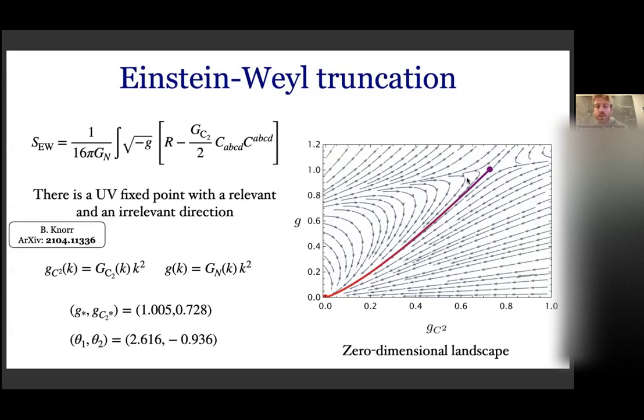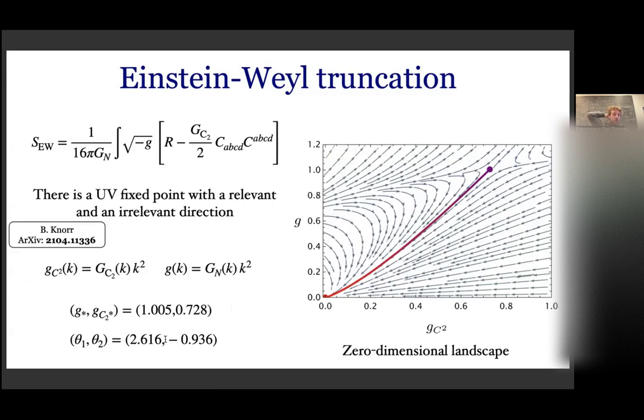Of course, there is another fixed point which corresponds to the Gaussian one, where the dimensionless couplings are small. These are the definitions of the dimensionless couplings, as you see, labeling the axes here, and these are the values of the fixed point and the critical exponents. And as you see, we have opposite signs of the critical exponents, confirming that there is one relevant and one irrelevant direction. So what does it mean?